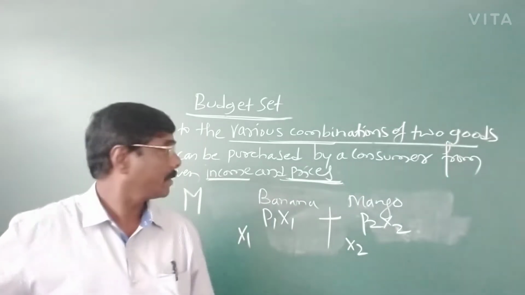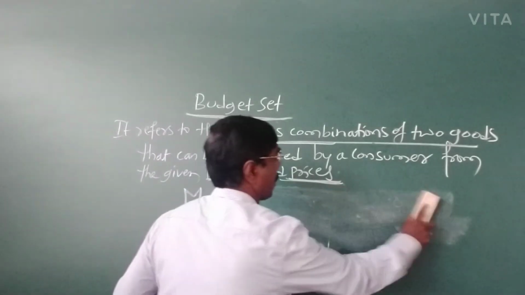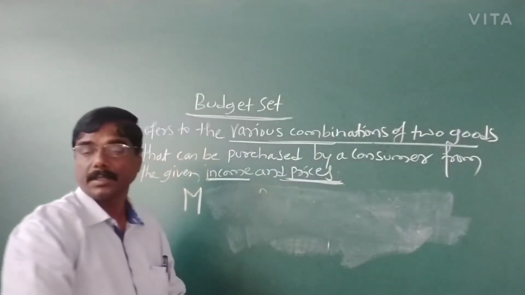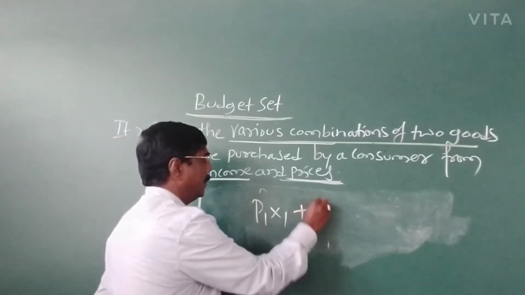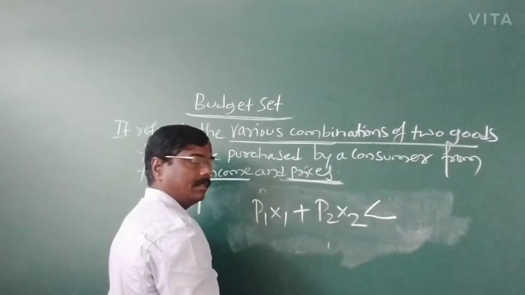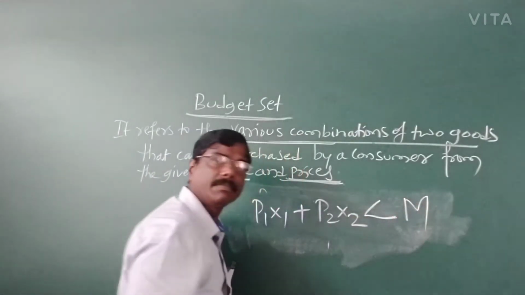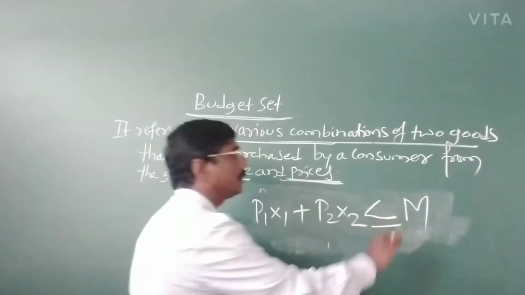Therefore, P1 X1 plus P2 X2 may be less than his income or equal to his income.